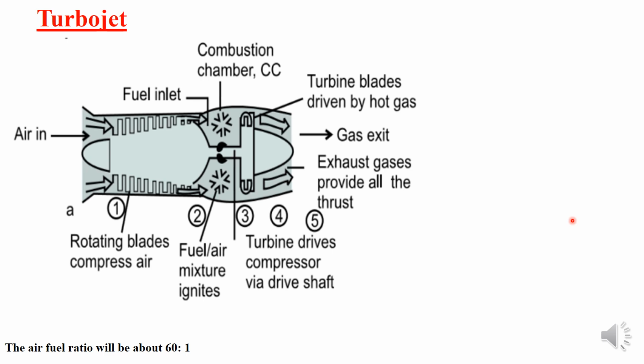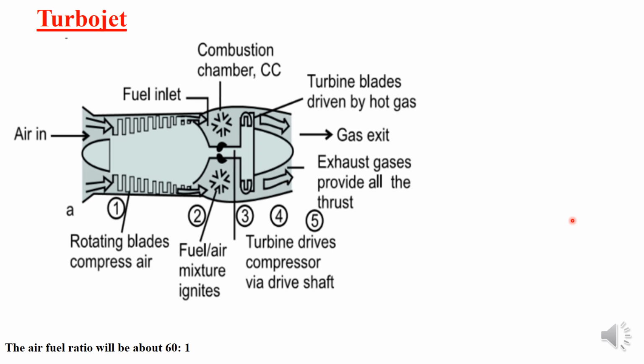The high velocity exhaust comes out, and it moves your object through the air. Because of the high velocity exhaust, it creates the thrust force, an opposite force. Thrust means the force opposite to your exhaust gas, and your object will move through the atmosphere.